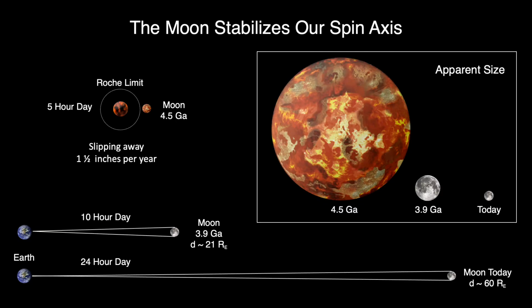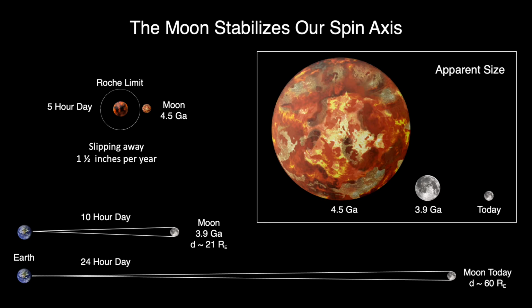The next concept, after the moon is formed, is that tidal forces between the Earth and the moon are being dissipated, and as that occurs, the moon continues to move away from the Earth. In fact, the Apollo program told us, after putting retroreflectors on the moon and bouncing lasers off these retroreflectors every year for the last 50 years, that the moon is moving away from the Earth about 1.5 inches per year.